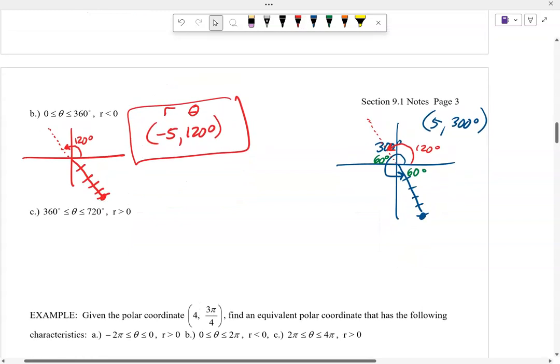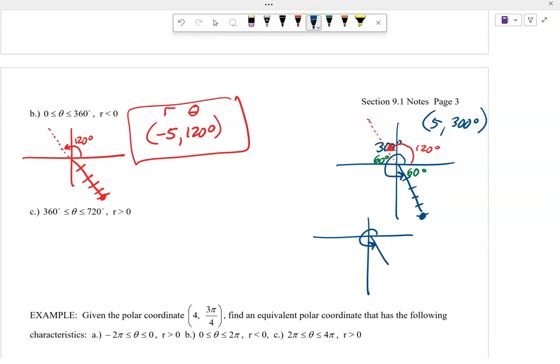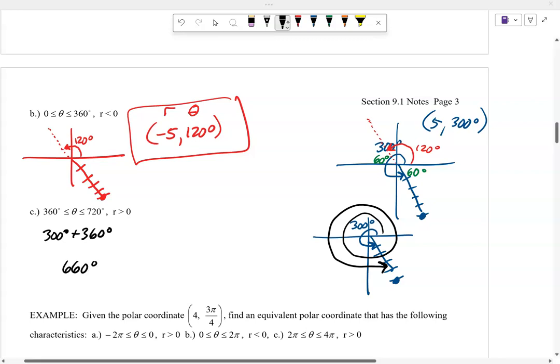Now, one more. So what if you have the angle be more than 360 degrees? Remember, originally it was 300 degrees and 5. That's where the point is. So if I go around once plus 300, so 300 plus 360, then I get 660 degrees for my theta, and I still have a positive r.